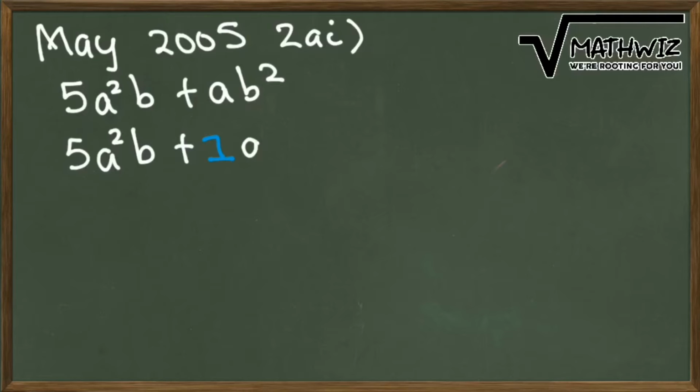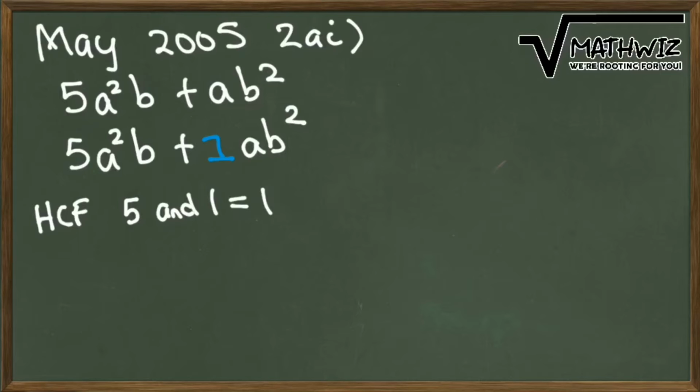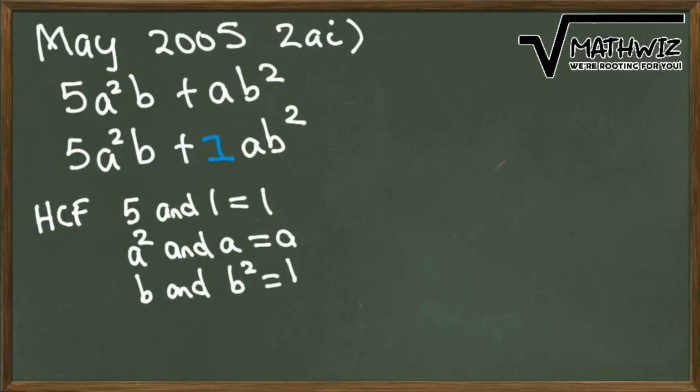And of course this is just based on the way that we teach this type of factorization here at MathWiz Academy. So you want to have the numbers there, because the first thing I tell you to do is to find the HCF of the numbers. So we have 5 and 1, which is just going to be 1. Then the HCF of a squared and a is a, and the HCF of b and b squared is just going to be b. We're going to have 1ab on the outside of the bracket.